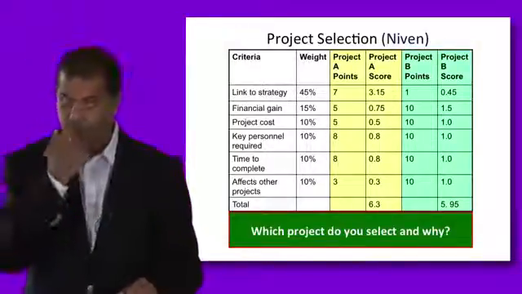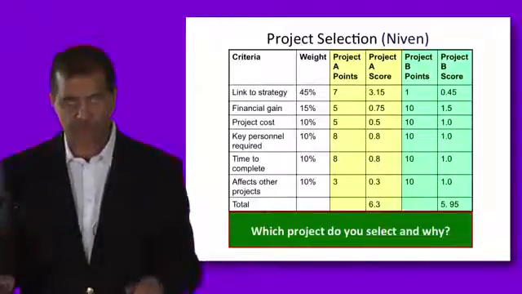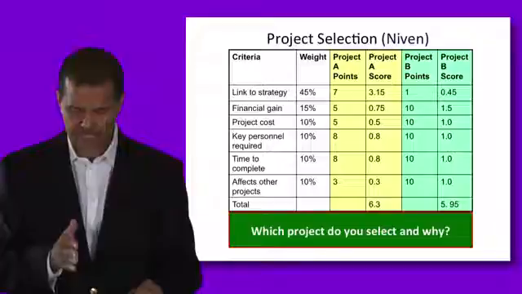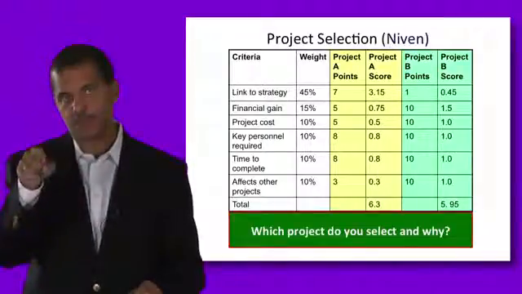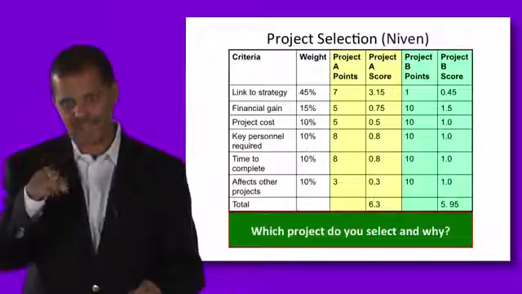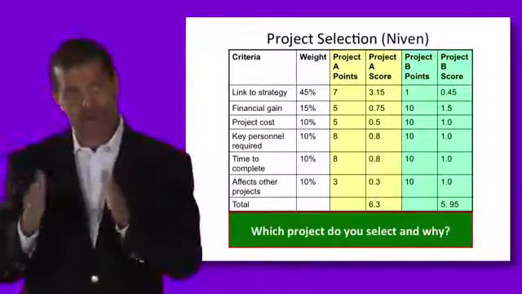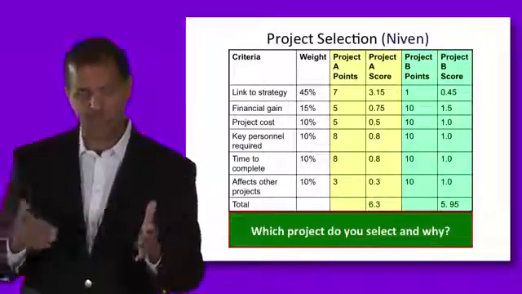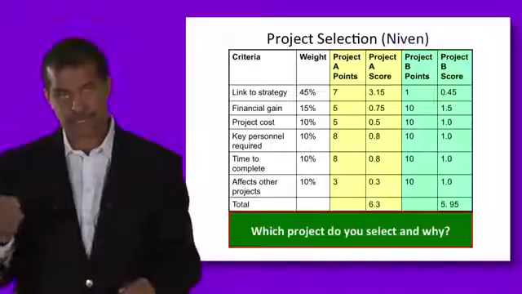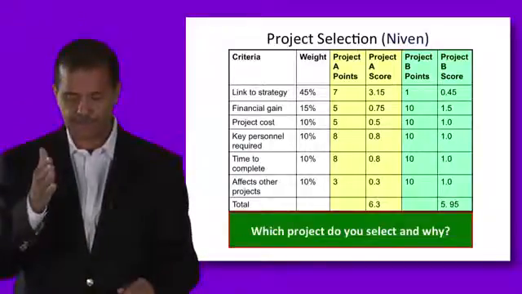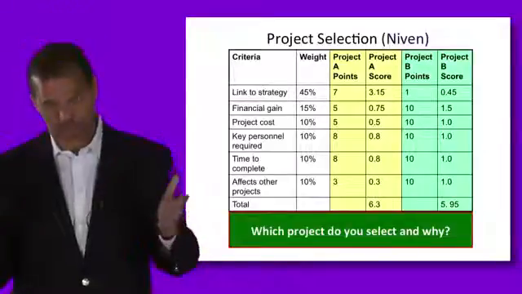Then what you do is you assign points based upon evaluating the particular project. So we have project A, we have project B. Then you multiply the points that you've assigned by the weighting. So if you have 0.45, that's 45%, times 7 gives you 3.15. Or if you take project B in green, you have 1 times that 0.45, you get 0.45.